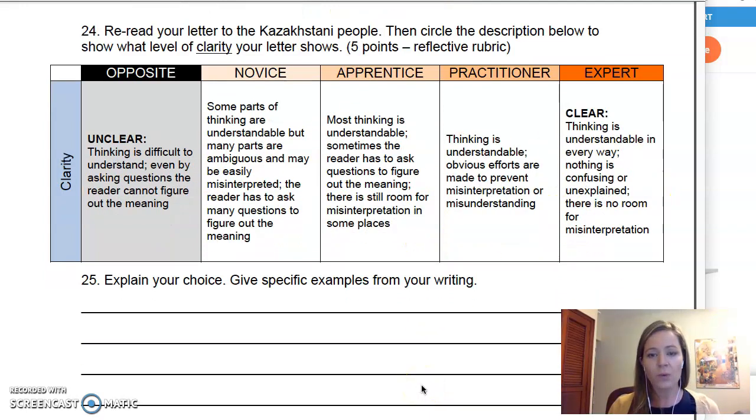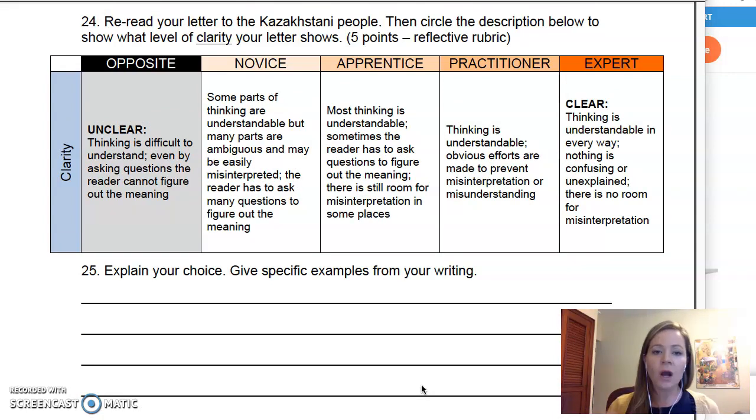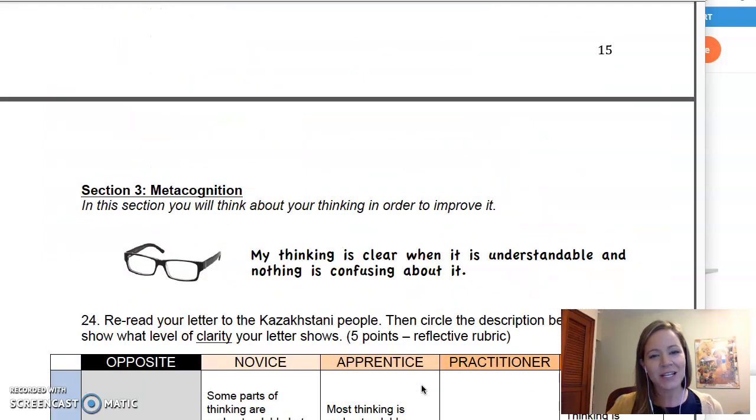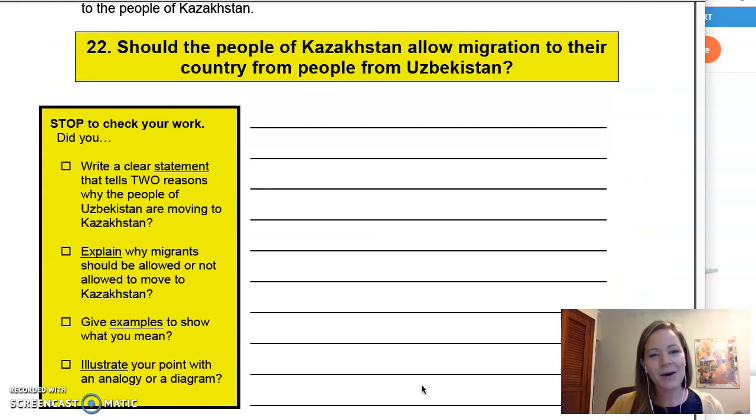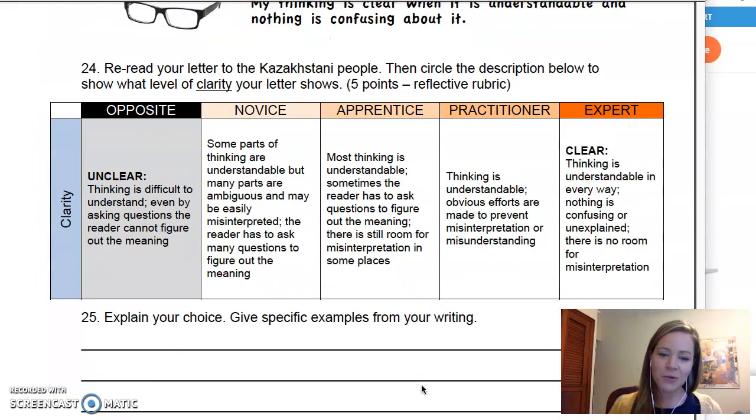How clear were you? And we found by including this piece on the exam that students were much more conscious of their writing, and that you could see that they would go back and edit their extended constructed response up here based on this prompt where we asked them to go back and evaluate their thinking.